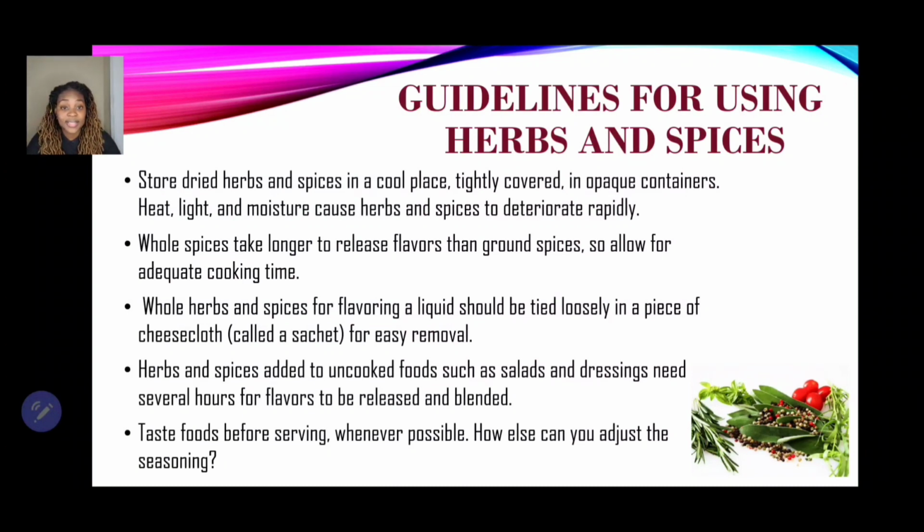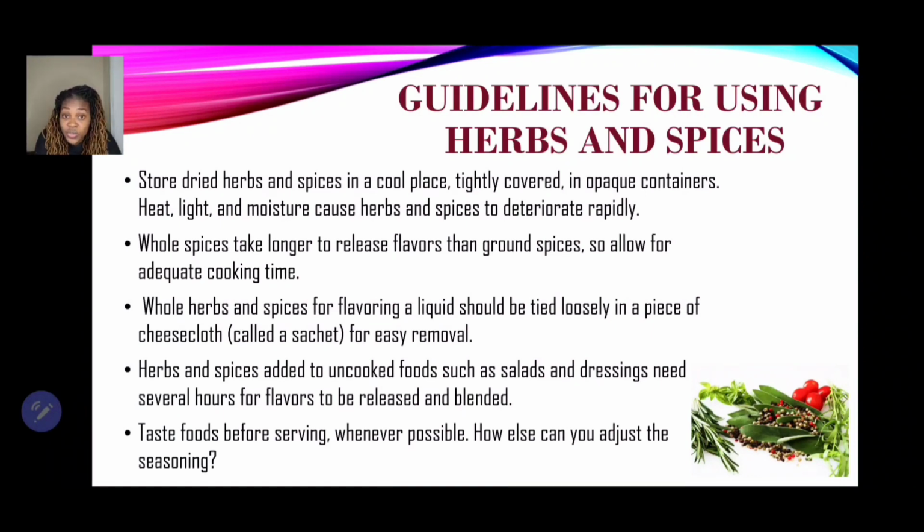Our next guideline: whole herbs and spices for flavoring a liquid should be tied loosely in a piece of cheesecloth, right, for easy removal. And this is called a sachet. Good. So when we tie whole herbs and spices in, and we're going to add it to, for example, it may be soup, it may also be porridges, depending on what we're preparing.